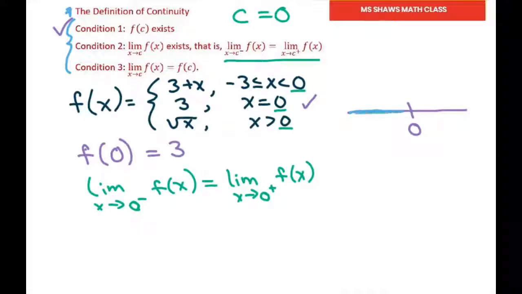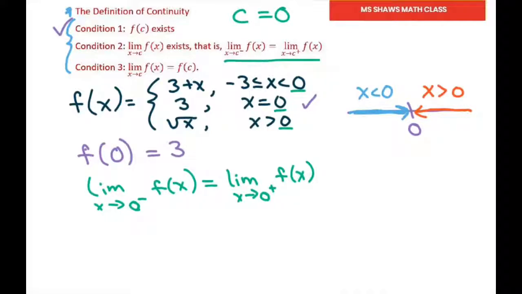When approaching 0 from the left, these numbers are less than 0. Approaching 0 from the right, these numbers are greater than 0.